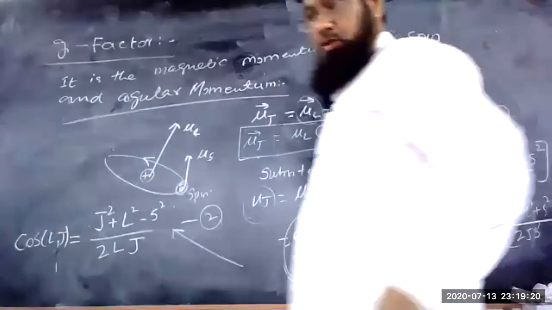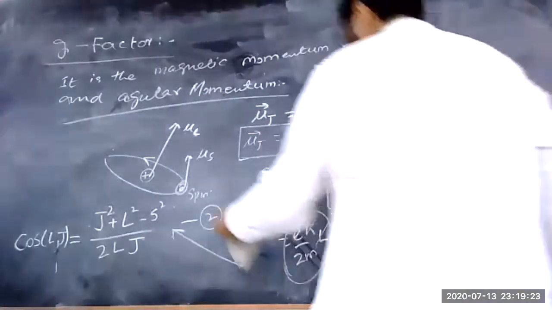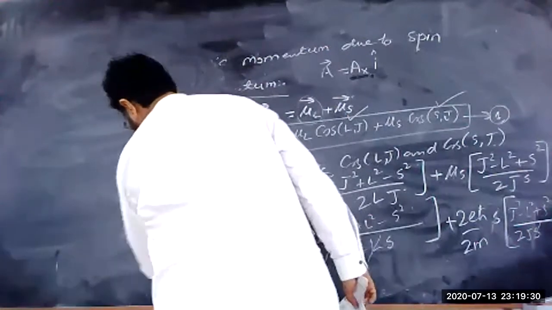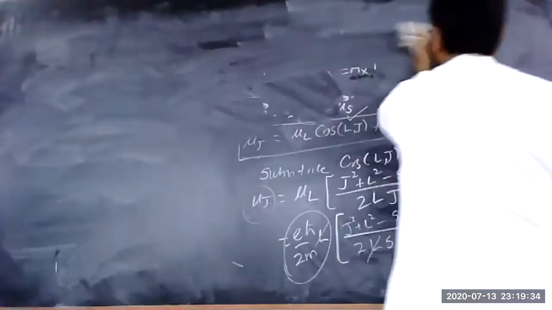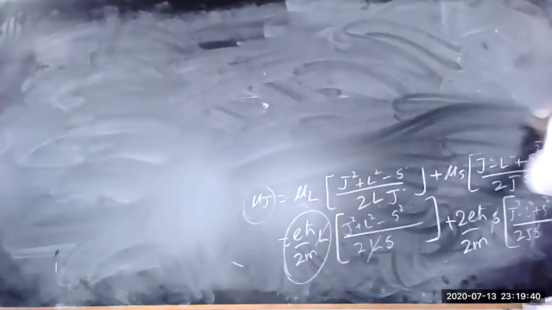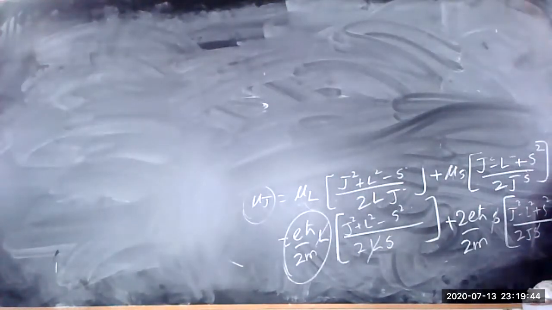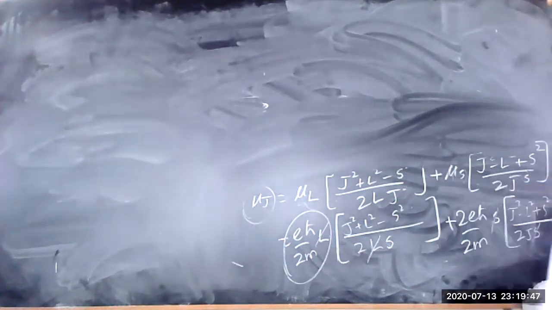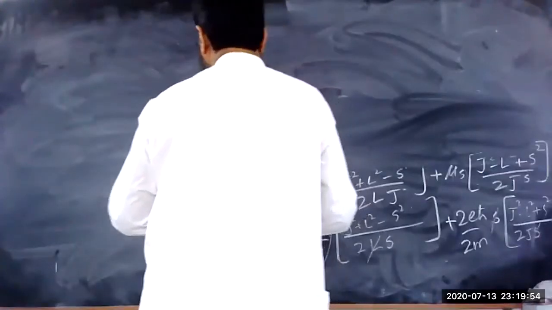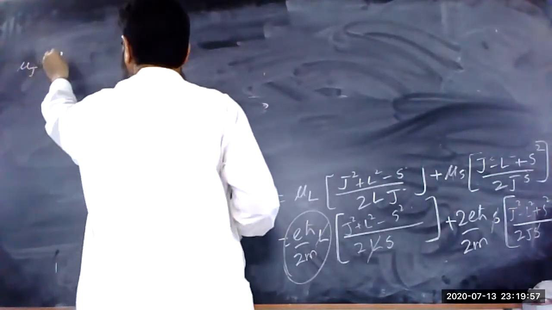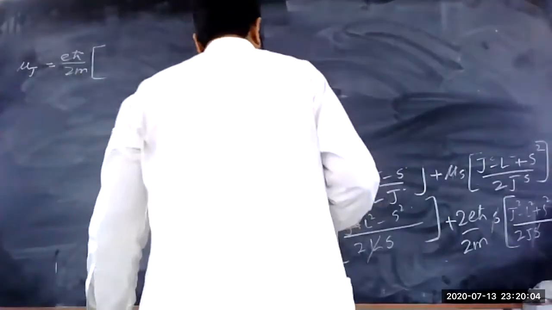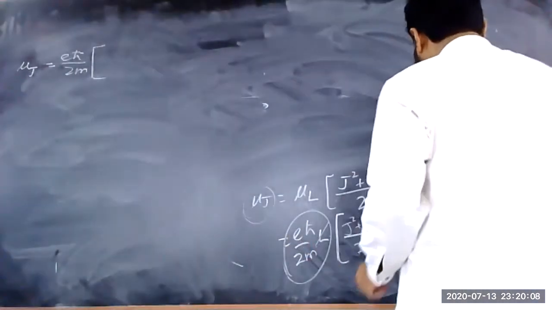When we simplify, mu of J is equal to e h cut over 2m into this e h cut over 2m, which in both cases is a constant.